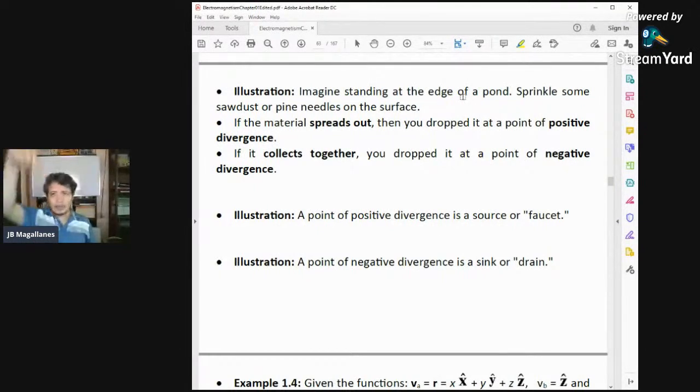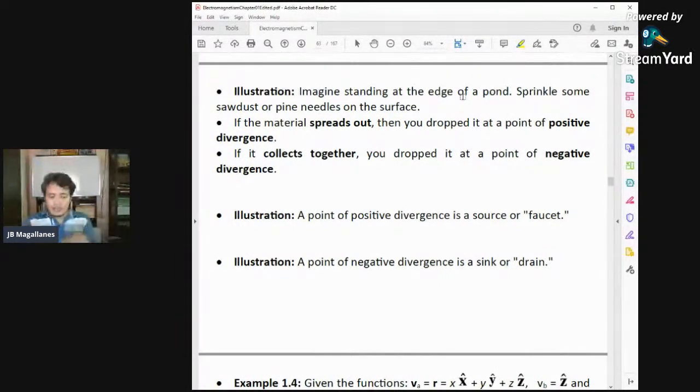For example, if you're pouring water from a faucet, the water falls down and diverges on the surface, and that's what you call divergence of the water. So that's the geometrical interpretation of divergence.